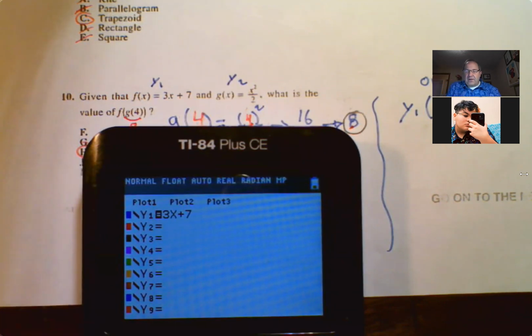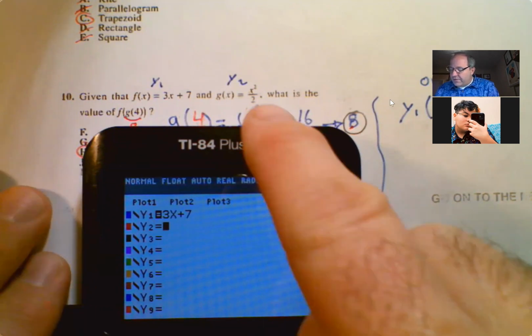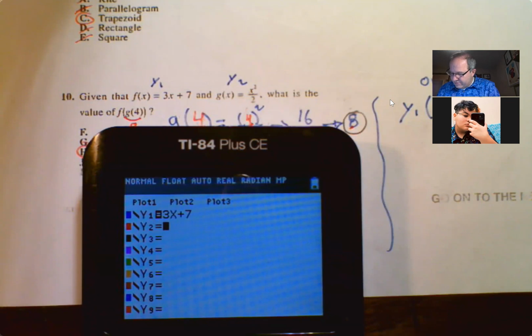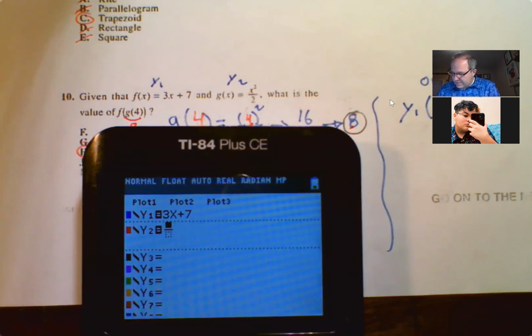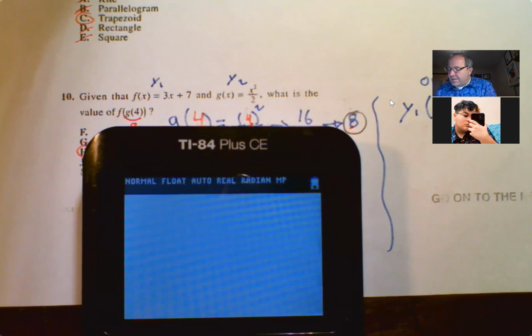In y2, I'm going to do that fraction. Alpha y equals x squared over 2. I'm not saying this is the fastest way. If these functions were a little more complicated, it might work a little better, a little more efficient.